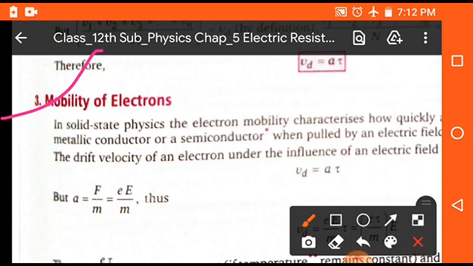Now student, the next topic is mobility of electrons. Mobility means how fast an electron moves in a conductor by supplying an amount of energy. We know that Vd is equal to a tau, and a is equal to F upon m, that means e capital E upon small m.